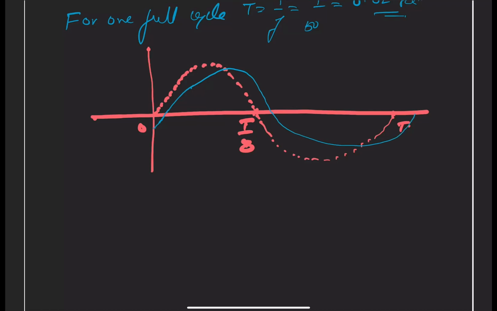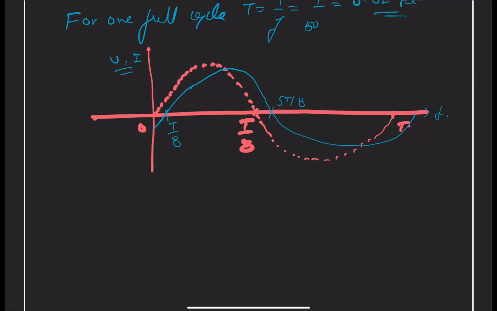So this point will be over T by 8, this point will be over 5T by 8, and this is our time axis, and this is our voltage and current.